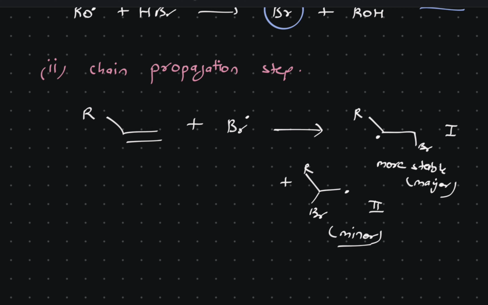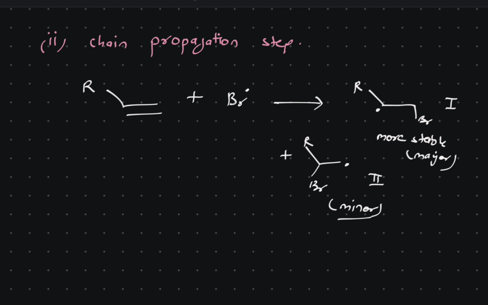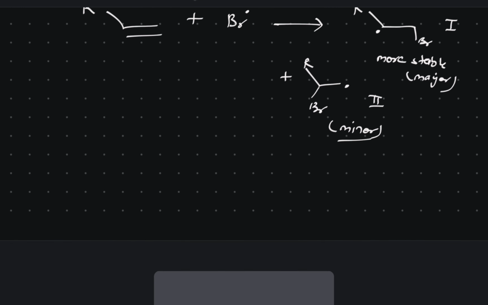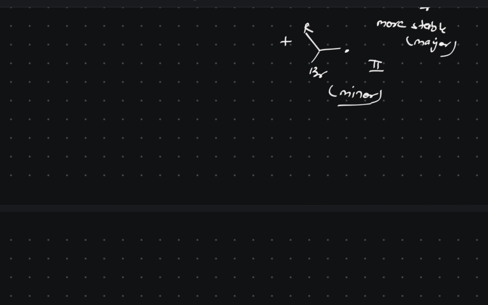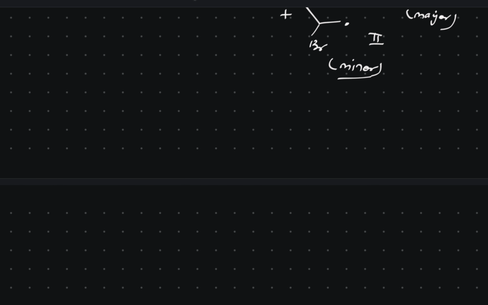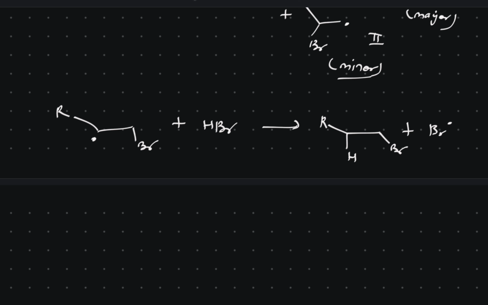So in the next step, we go forward with the more stable free radical. The R free radical reacts with HBr again. The product will be R, with hydrogen attached at the free radical site, and there is a bromine. And the bromine free radical is formed again, which is the more stable free radical.